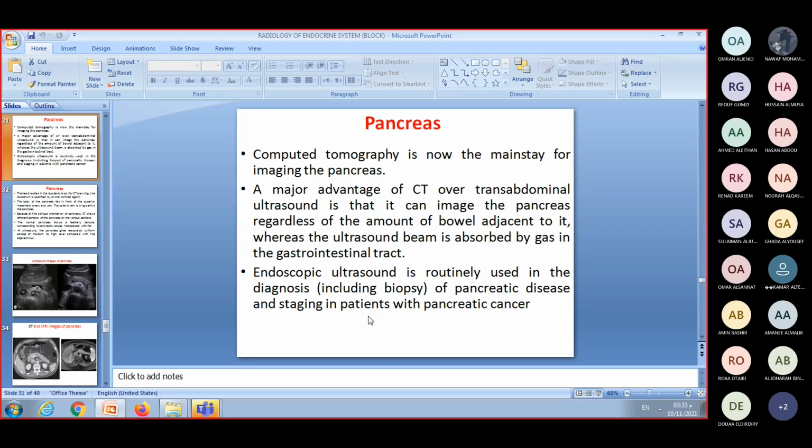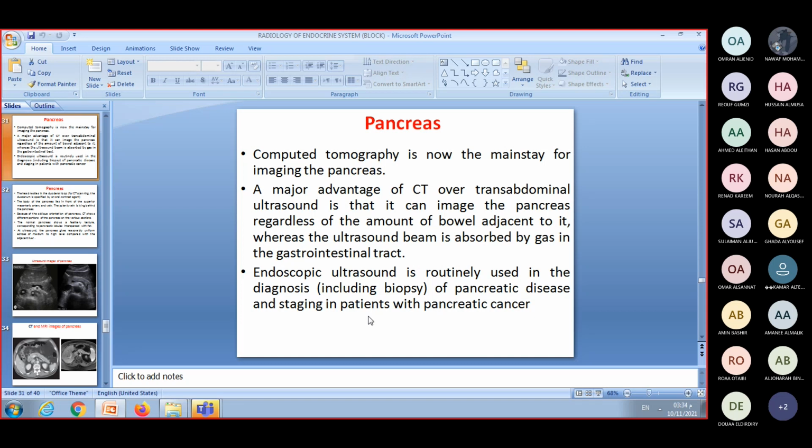Okay. The second point: endoscopic ultrasound is another technique. It is ultrasound, but done by an endoscope, inserted through the mouth, through the esophagus. This endoscope has a probe, the same probe you use for transabdominal ultrasound, but a small probe put at the end of the endoscope.